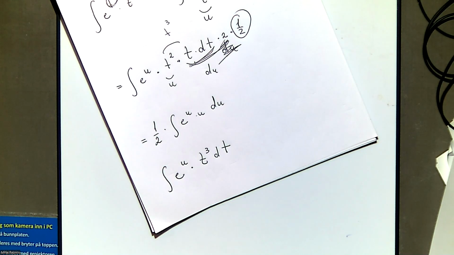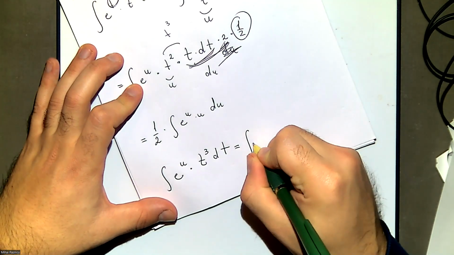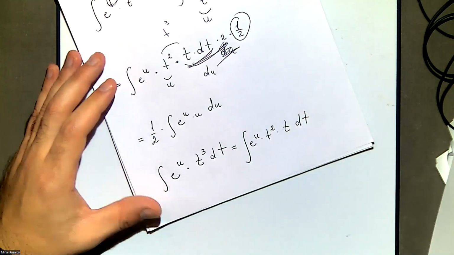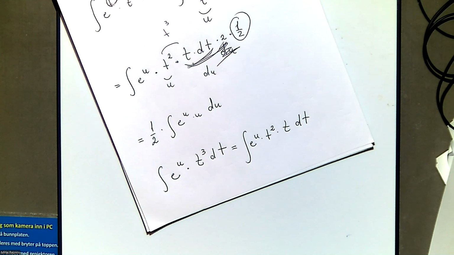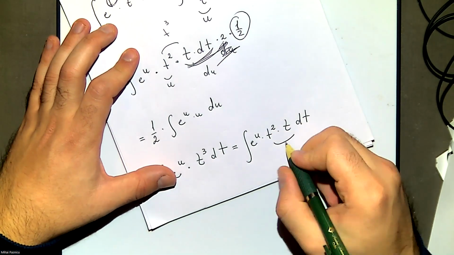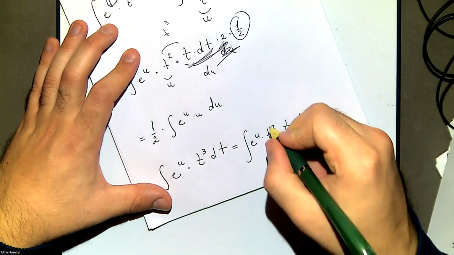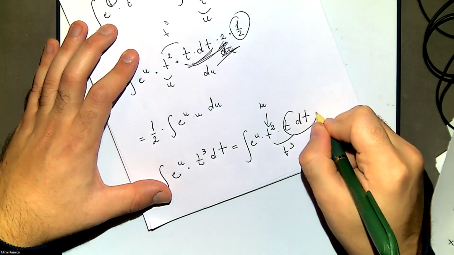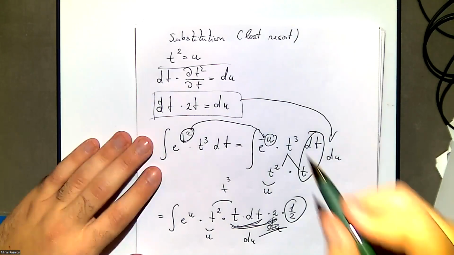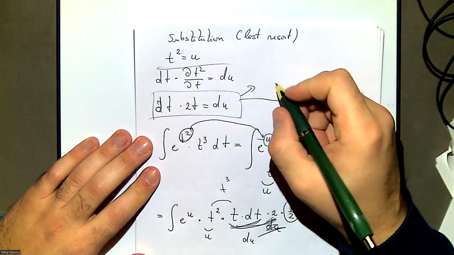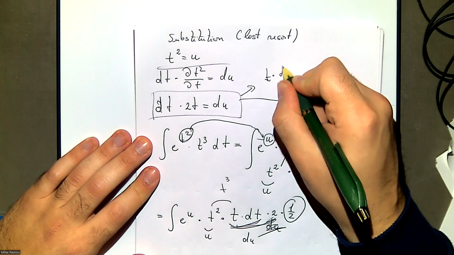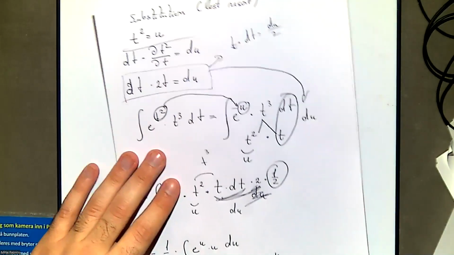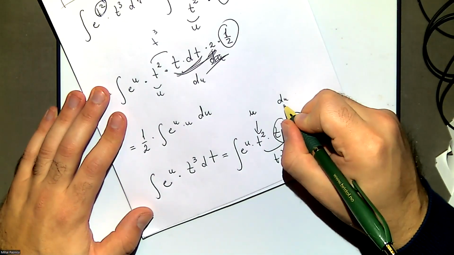Once I have this equation, I want to replace more, so I'm going to write e to the u times t squared times t dt. And just so we're clear, this is t to the third. This t squared becomes u, and this t dt from my equation up top is just du over 2.